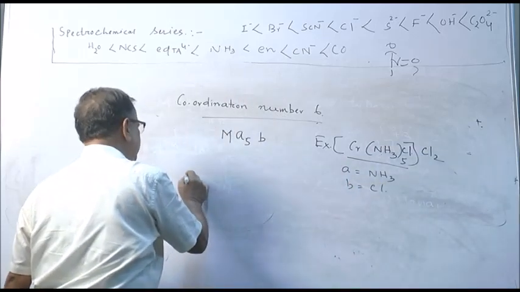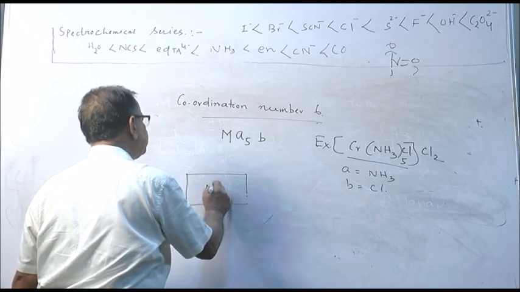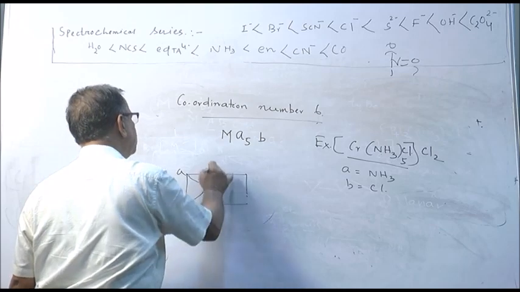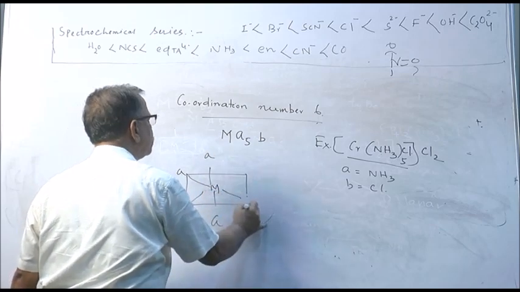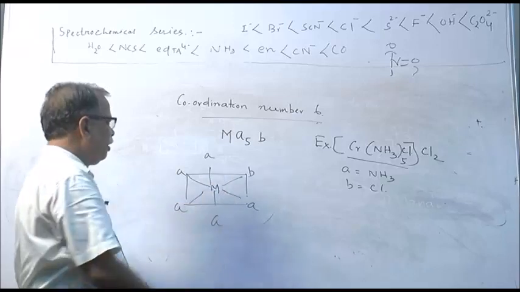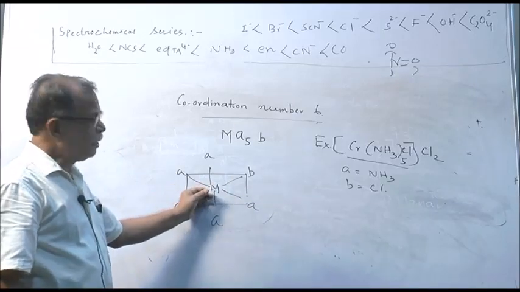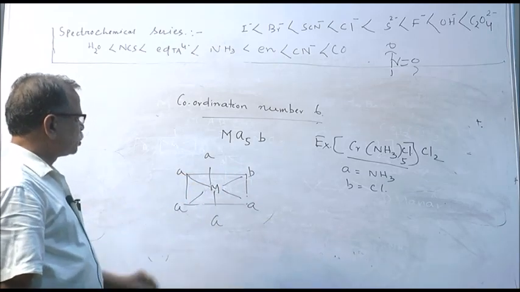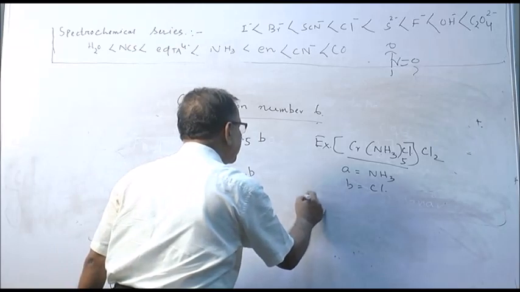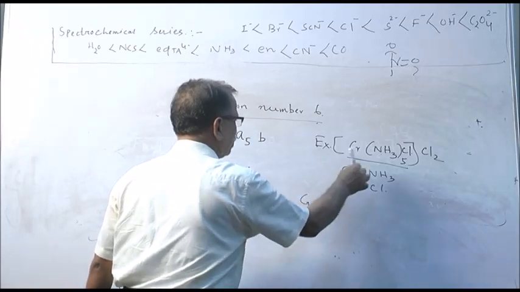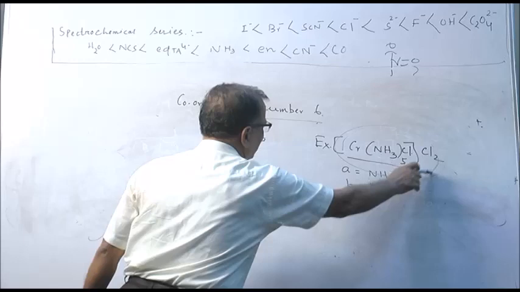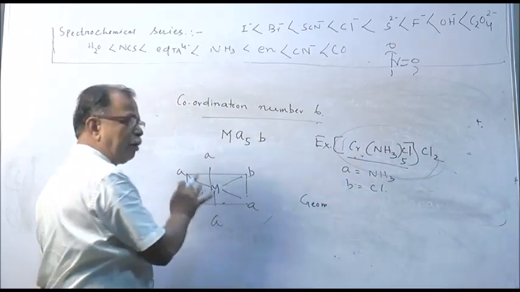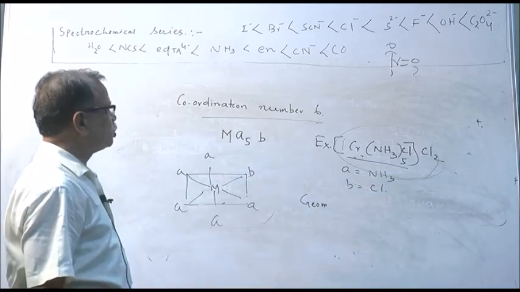Only we get one structure here also, Ma5B, M, A. However you change it, 5A remain one side and 1B remain one side. No change. We do not get a different structure. Hence, it does not give geometrical isomer. If the question asks whether this compound gives geometrical isomer or not, you will tell that it will not give geometrical isomer because we get only one form, one structure. No other structure you can find.